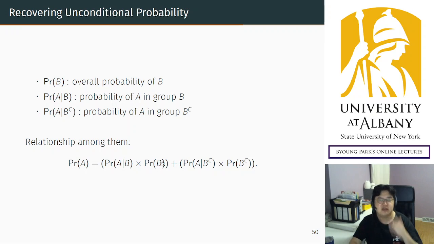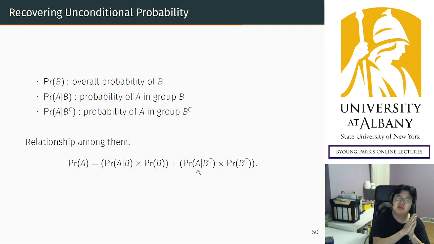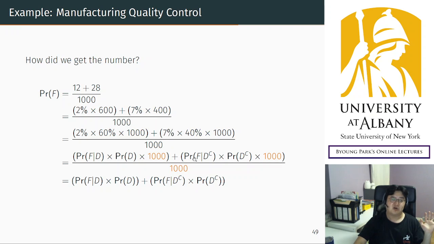So if there are more domestic batteries, for example, then the overall defective rate will be closer to the domestic batteries' defective rate. Otherwise, if there are more imported batteries, then the overall defective rate will be affected more by the imported batteries' defective rate. So as you just see, the diagram explains exactly what you get here, right?